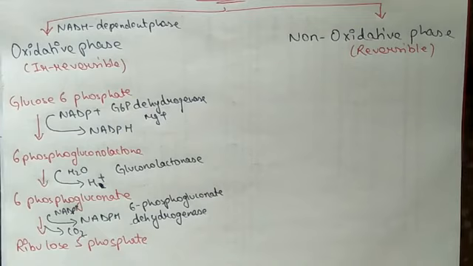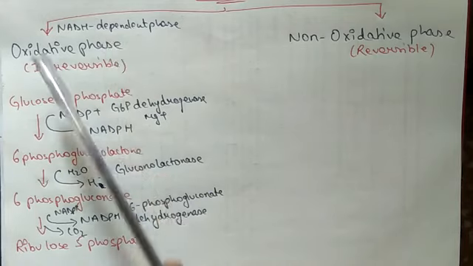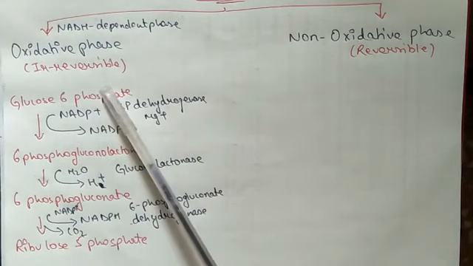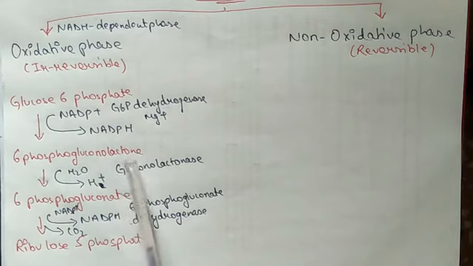So in the oxidative phase, the net product generated is 2 moles of NADPH, 1 oxidation of a carbon molecule to CO2, and the synthesis of 1 mole of pentose phosphate. So here you can see glucose 6-phosphate gets converted into 6-phosphogluconolactone.